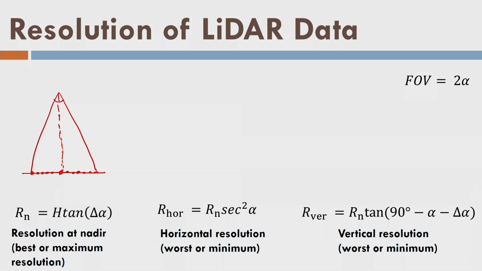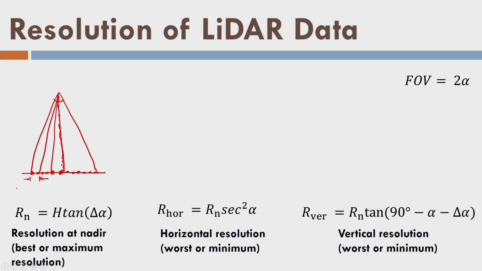And so what will happen, the spacing between the points from here to here will be less, like this, for the 2 consecutive or sequentially fired pulses. But if we see here, the distance between 2 data points from here will be very, very large.